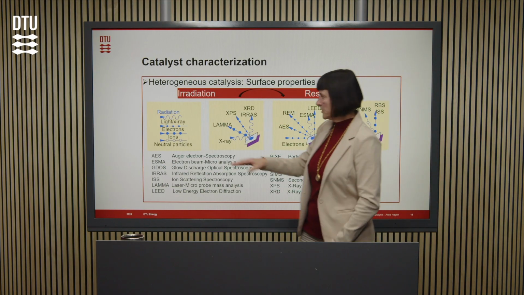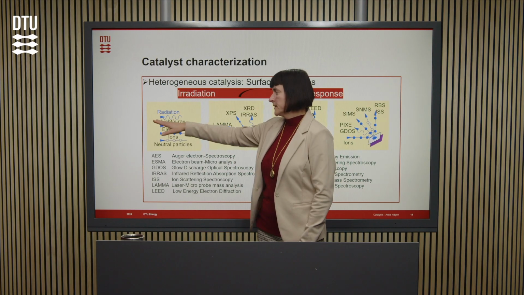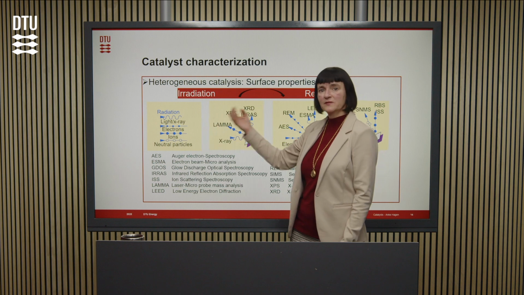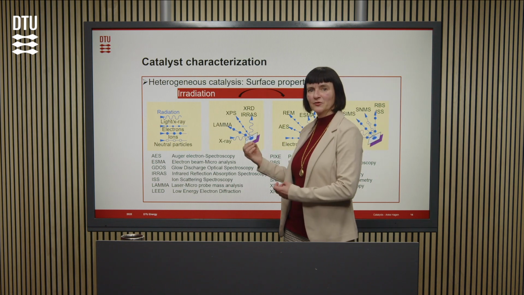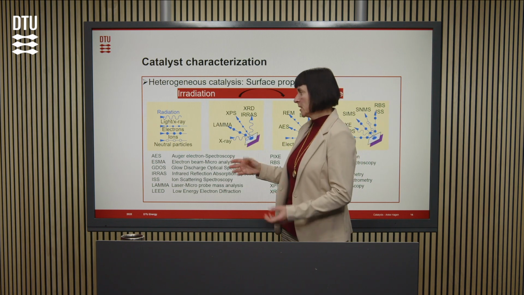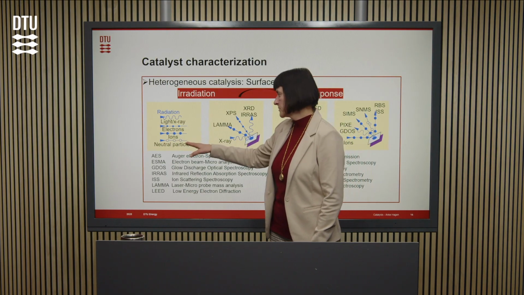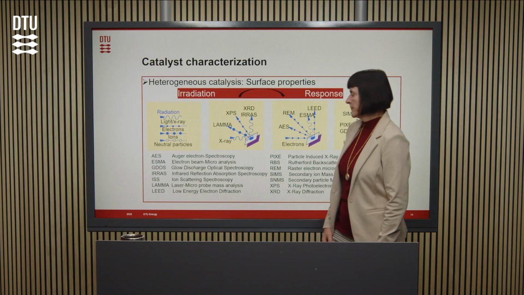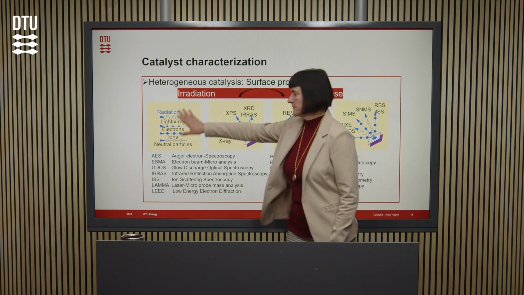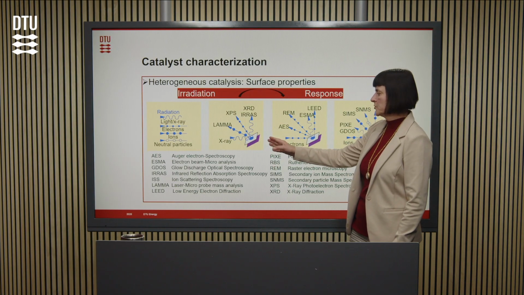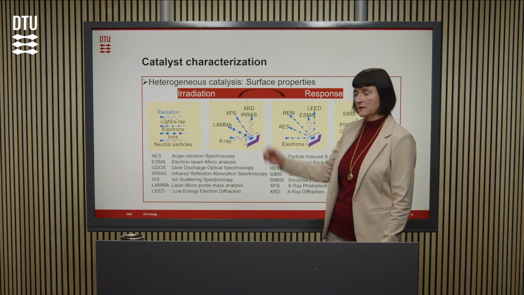You can, for example, put a light onto your sample. That is the light microscope. Then you look at the light after your sample, and then you get your image. You can also irradiate with electrons, with ions, or with neutral particles. These kinds of illustrations are also visible here. And here I show you what you can get as a response.